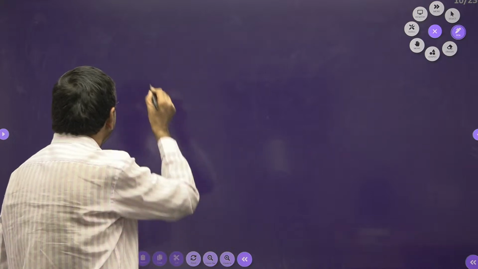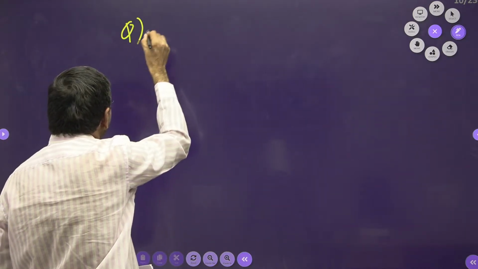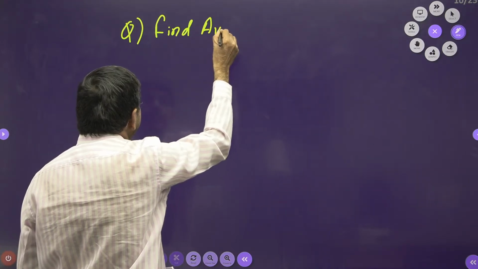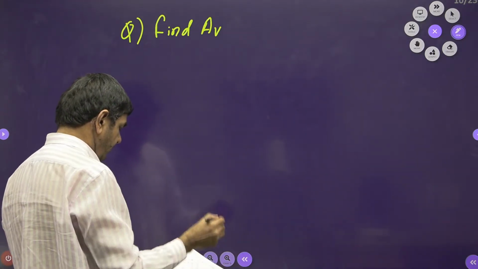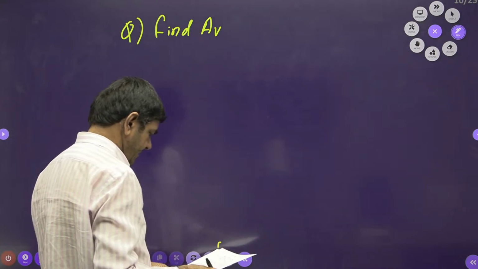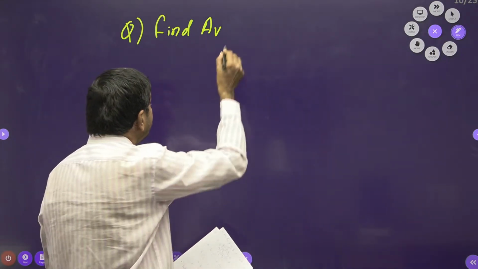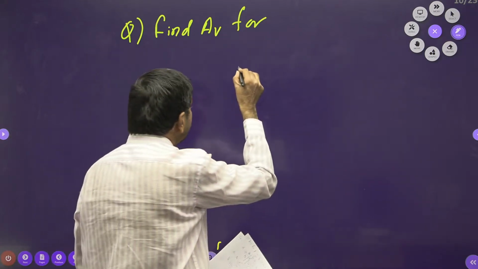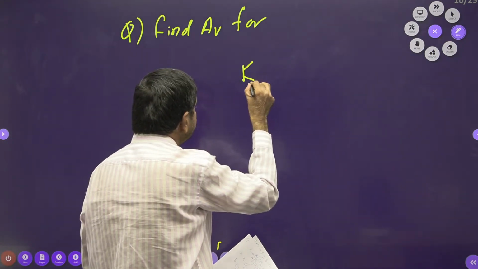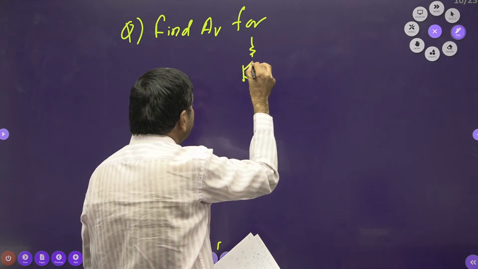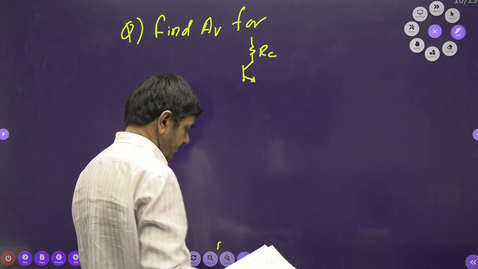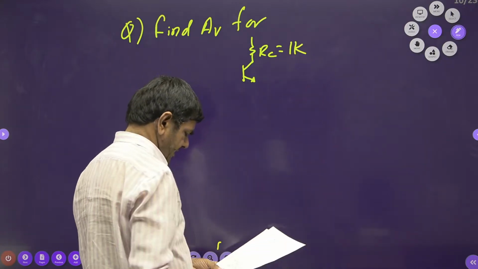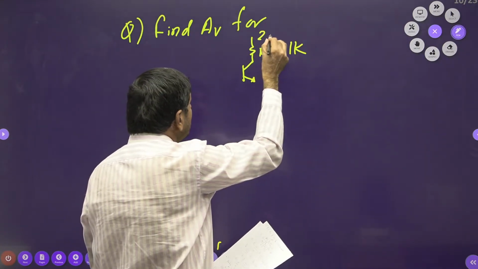Find AV, the voltage gain, for the network given like this. This is RC, this is 1K. Supply voltage is given as 20 volts.